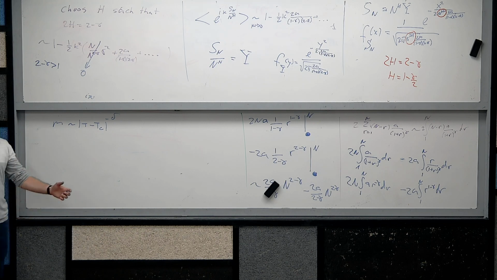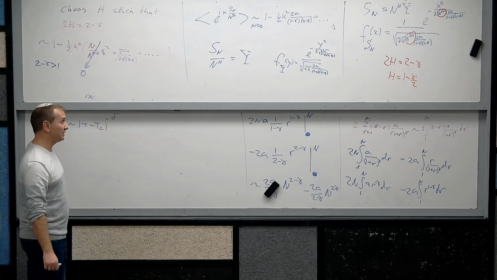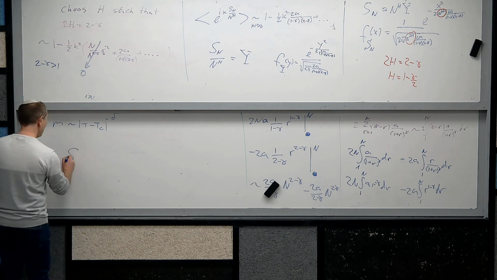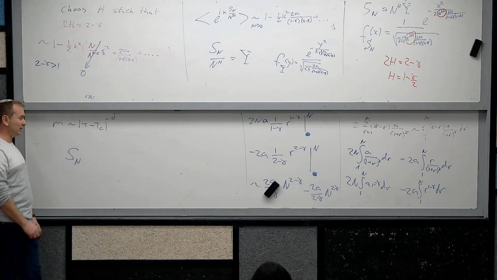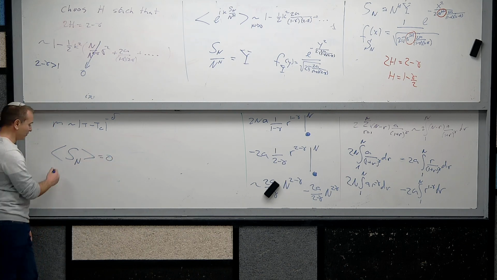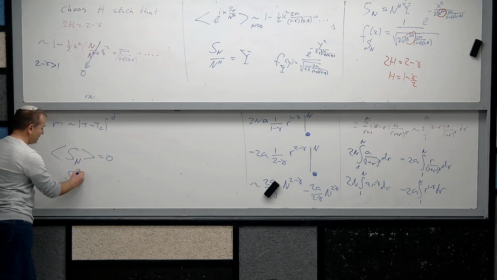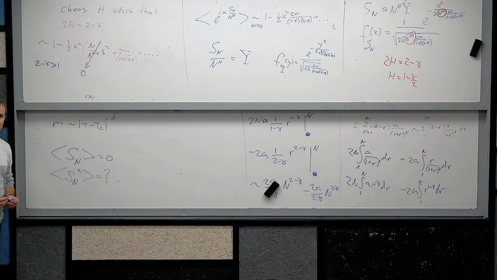Okay? And delta was the critical exponent. Now, we also can define specific critical exponents. So we have Sn, okay? Usually Sn average equals 0. This is easy.